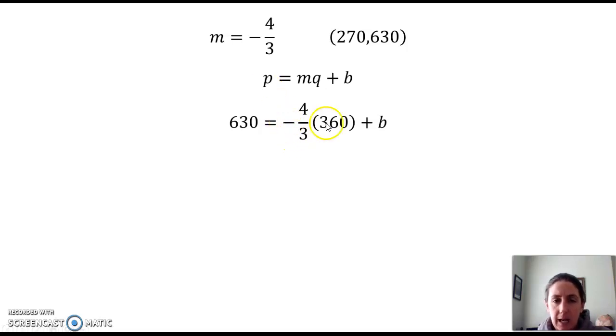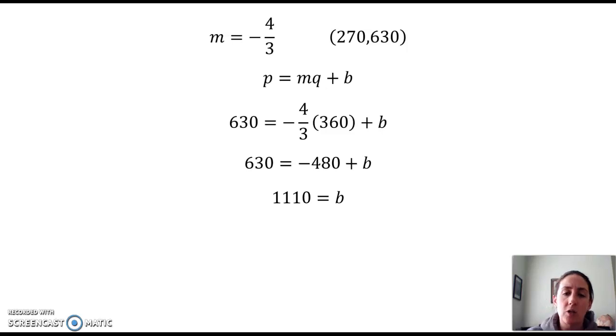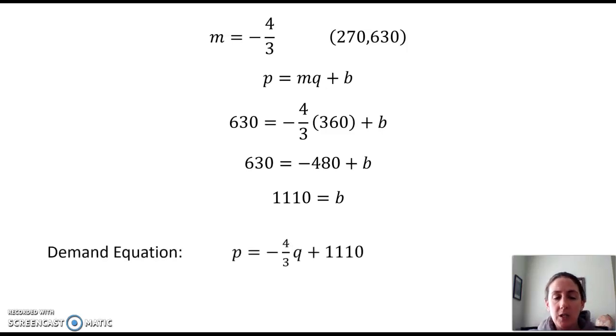So let's see, this is a negative times a positive, so this value will be negative. 3 goes into 360 120 times, and 120 times 4 gives me negative 480. Add 480 to both sides, and I get b equals 1,110. So my demand equation is p equals negative 4/3 q plus 1110.